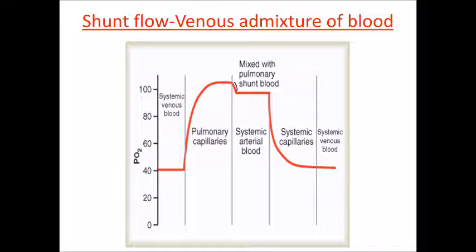Oxygen is coming from alveolar air into pulmonary capillary by diffusion. So the PO2 will rise and it will finally become 104 millimeter of mercury. Now this blood will be returned to the left atrium.